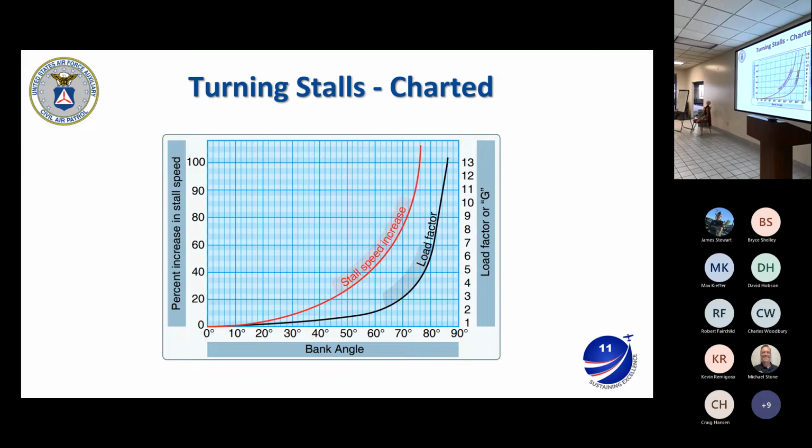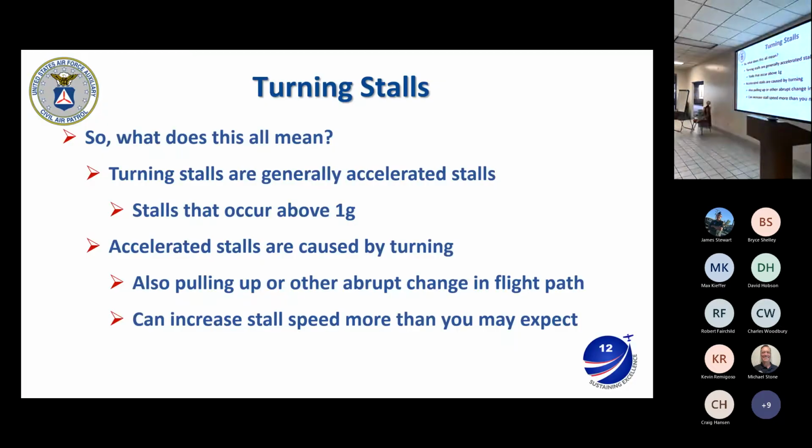This also happens if you're doing an inside loop, where if you don't have enough speed as you get to the top of that loop, the airplane will stall, and the nose doesn't drop, the airplane just starts falling on its back until you decrease the angle of attack. The recovery is the same. You release back pressure to decrease the angle of attack, and then recover from whatever unusual attitude you end up with. Yeah, that's consistent here, also pulling up and other abrupt changes like that.